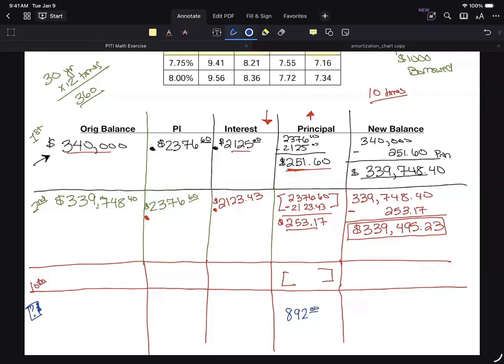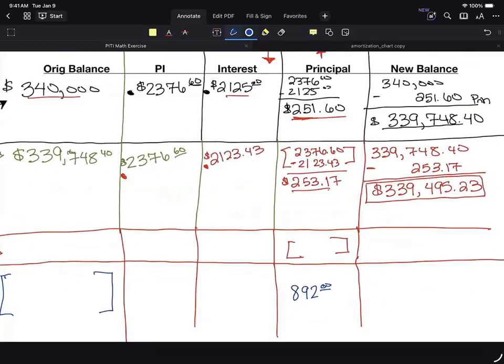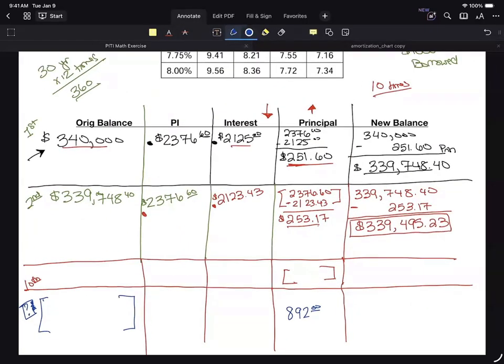If that's true, what was the balance at that time? Does that kind of make sense what they're saying? They're saying, if we know the principal amount that was reduced, whatever this number was beforehand caused us to have a principal balance of this. So it'd be this number, subtract 892 would be our new balance. Do you get what I'm saying there?